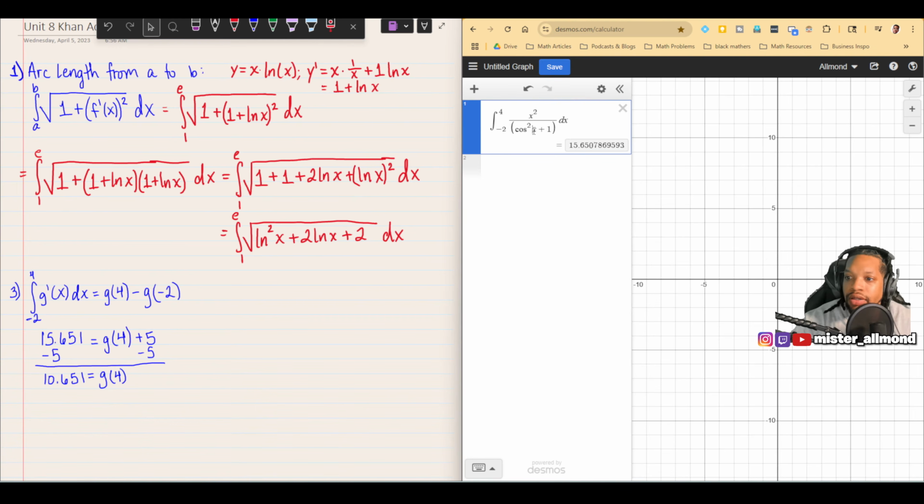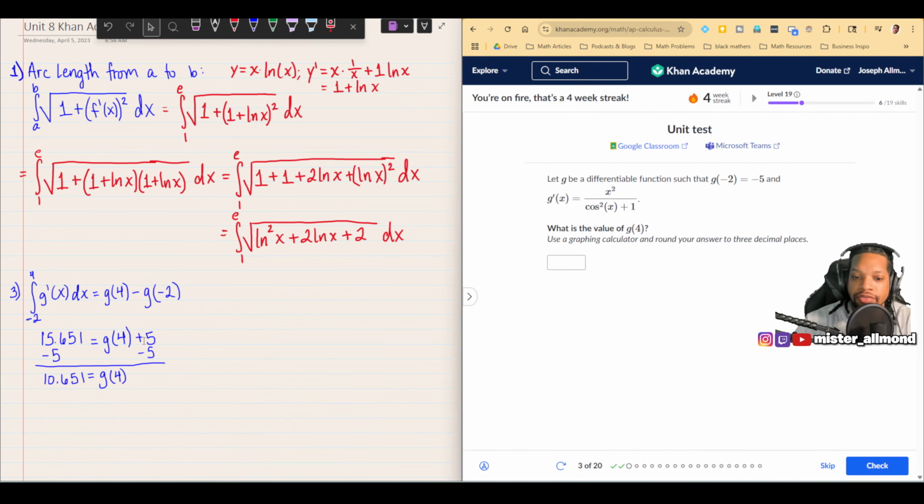And then they say g of -2 is -5. So minus -5 is plus 5. Okay, so we should be good. So I got 10.651. Okay, are we correct? We are correct. Let's go. All right. Next question, number 4.